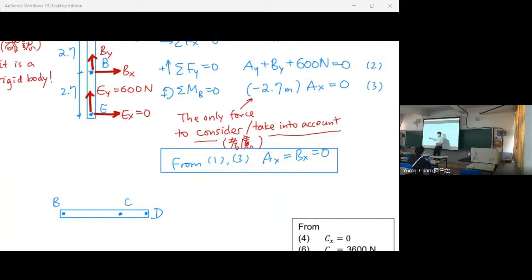So reaction goes to the left. And for action, By goes up. So for the reaction, By should go down.